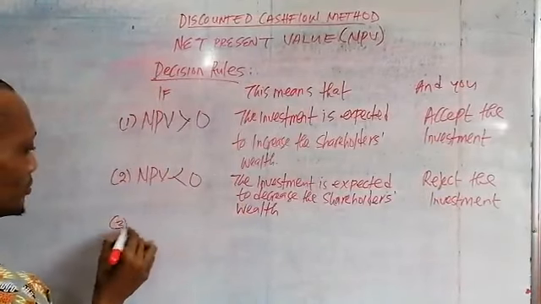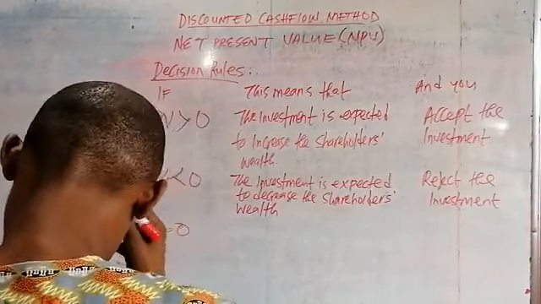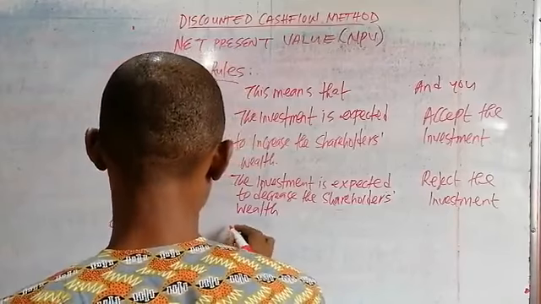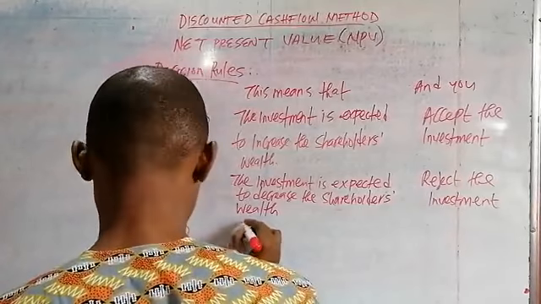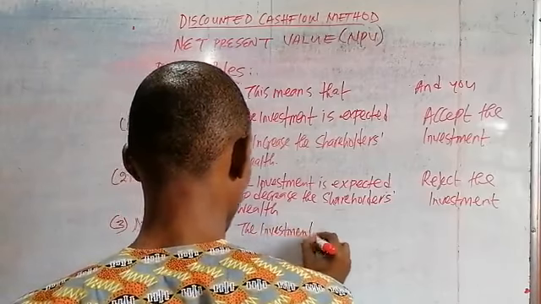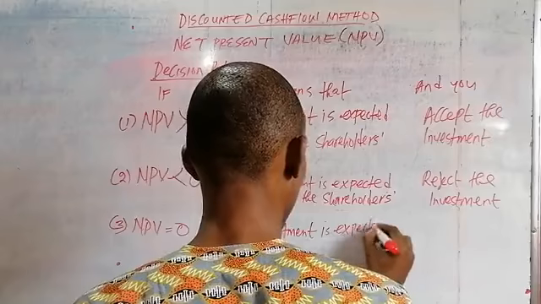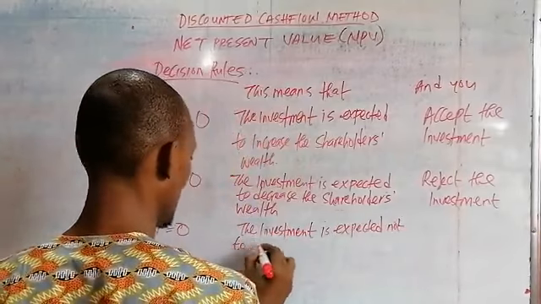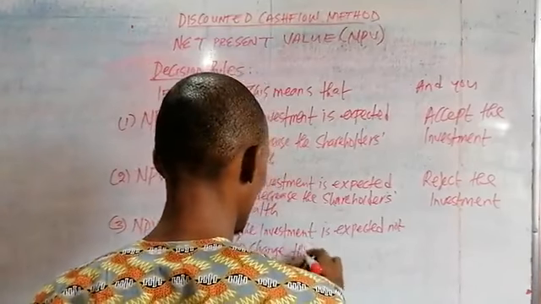Criteria 3. NPV is equal to 0. The investment is expected not to change the shareholders' wealth.